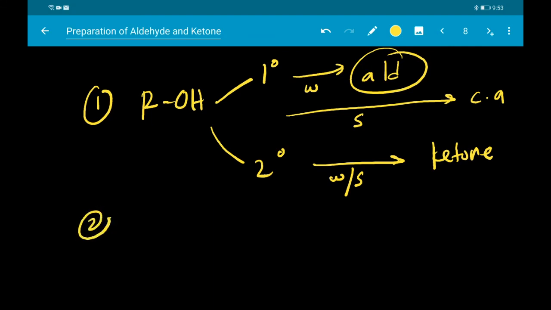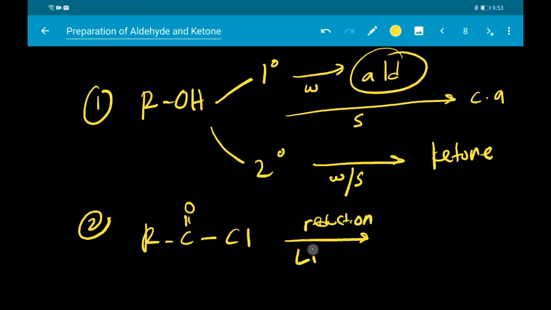For the second method of preparation, we use acyl chloride or acyl halide. By performing a reduction reaction using Lidbach, we convert the acyl chloride into an aldehyde.